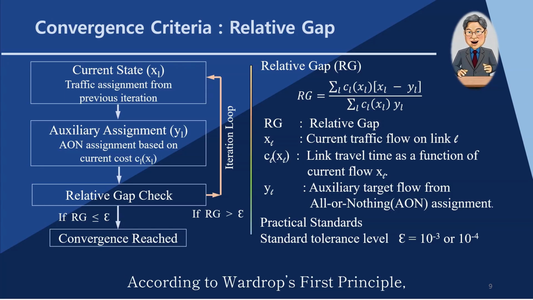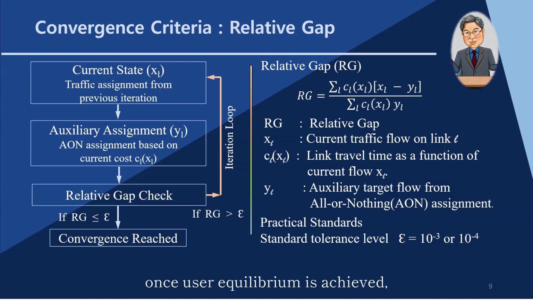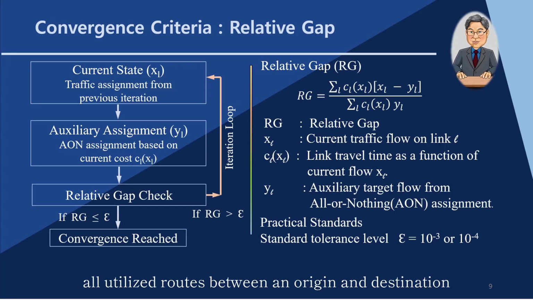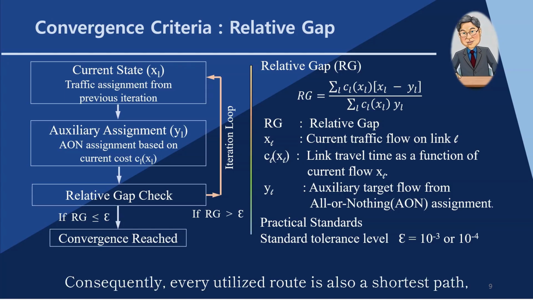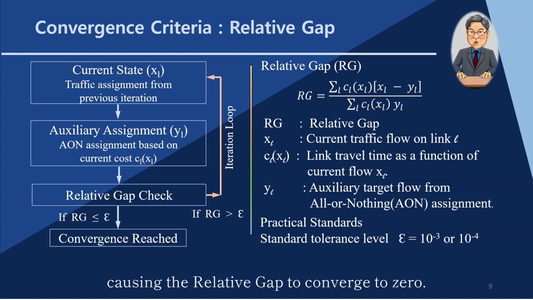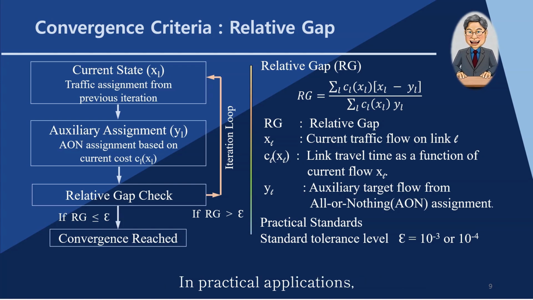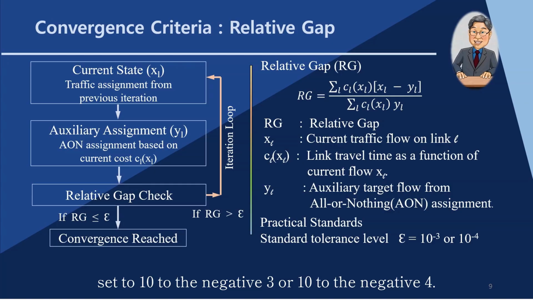According to Wardrop's first principle, once user equilibrium is achieved, all utilized routes between an origin and destination have identical travel times. Consequently, every utilized route is also a shortest path, causing the relative gap to converge to zero. In practical applications, convergence tolerances are typically set to 10 to the negative 3 or 10 to the negative 4.